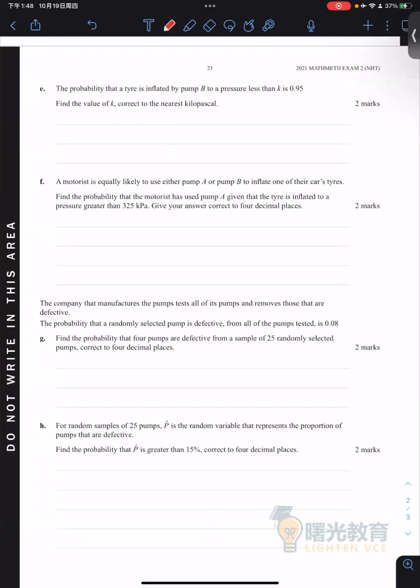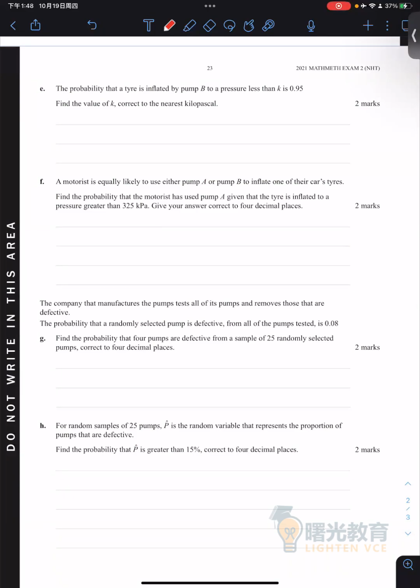The probability that a tire is inflated by the pump B to a pressure less than K is 0.95, right? 0.95. Find the value of K correct to the nearest kilopascal. Now, we are doing what?